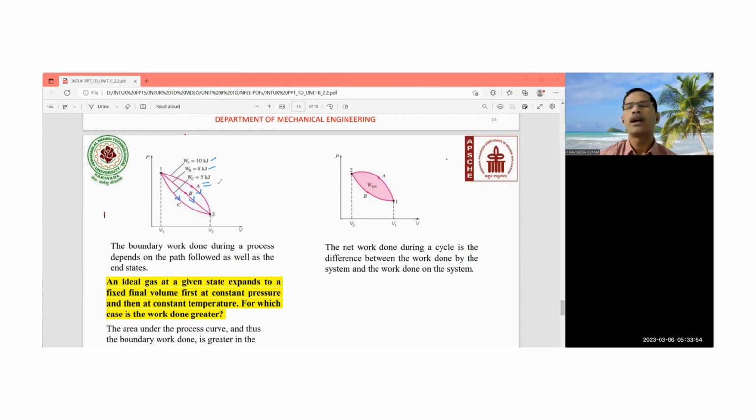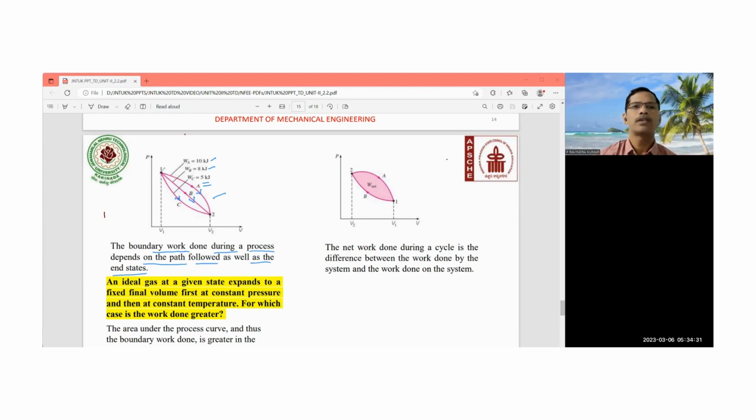My intention is to show what work output you can get in a constant pressure process, constant volume process, isothermal process, and polytropic process for the same input condition. That is the intention of this diagram sketched on a PV plane. So the boundary work done during the process depends on the path followed as well as the end states.